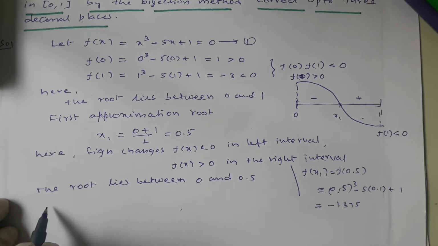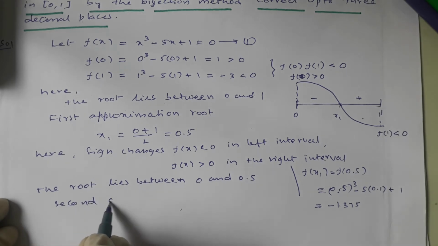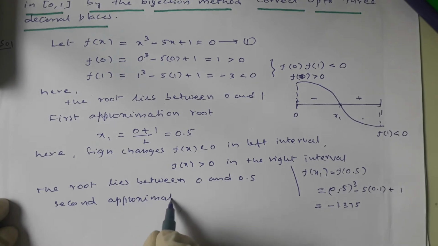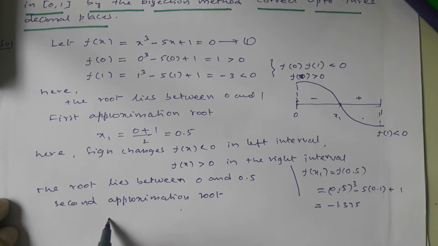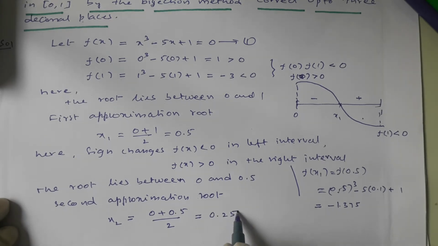Next, the second approximation root x2 is equal to 0 plus 0.5 divided by 2, is equal to 0.25.